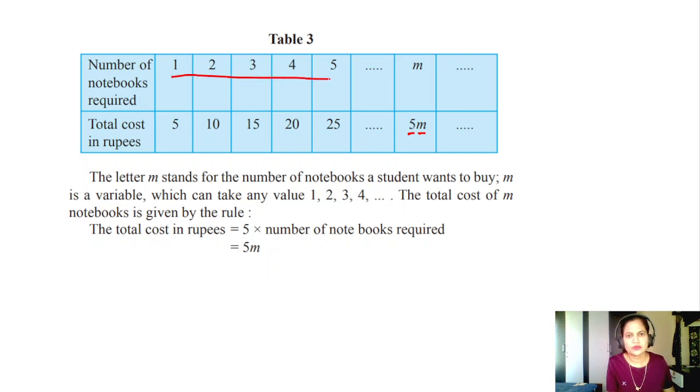These values we are going to put in the place of m. The letter m stands for the number of notebooks the students want to buy. m is a variable here because each student wants a different number of notebooks, which can take any value 1, 2, 3, 4. The total cost of m notebooks is given by the rule. The rule is what? 5m. Number of notebooks required into 5 rupees for each notebook. Then you will come to know the total value for that number of notebooks.